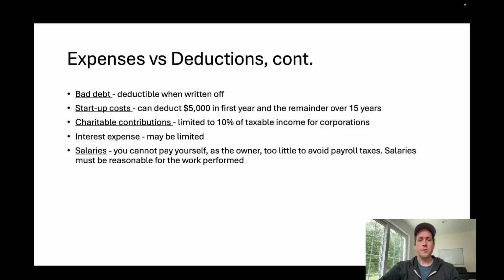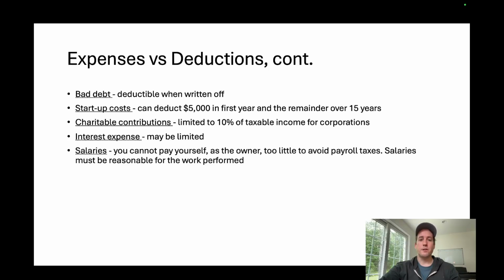Salaries. These are deductible just like you show your expenses on your internal accounting records. However, you cannot pay yourself as the owner too little to avoid your self-employment payroll taxes, which are obviously above and beyond your income tax.